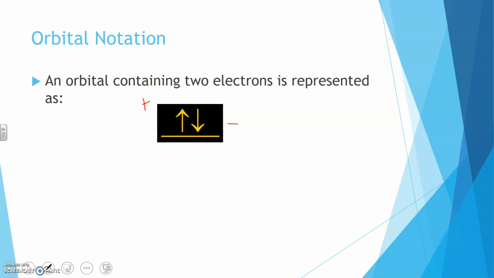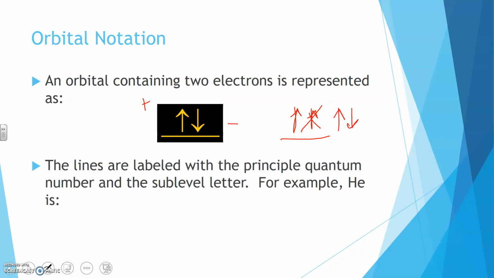So you're not going to have one orbital with 2 up arrows. That won't happen. It's always one up, one down. And then the lines are labeled with the principal quantum number, so the energy level, and then the sub-level letter, the one that refers to the orbital shape, the orbital type.